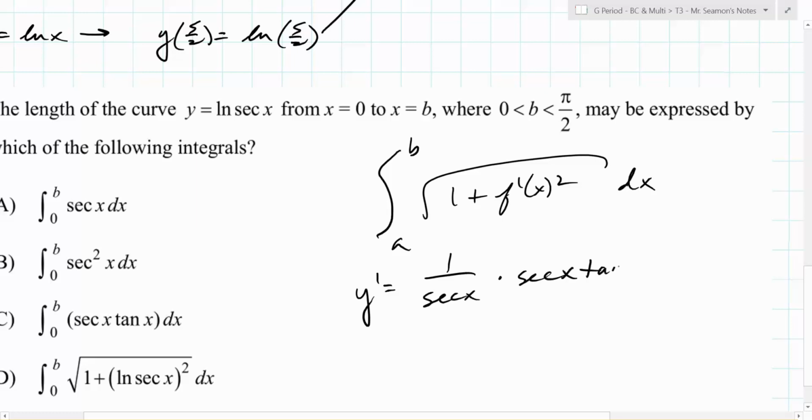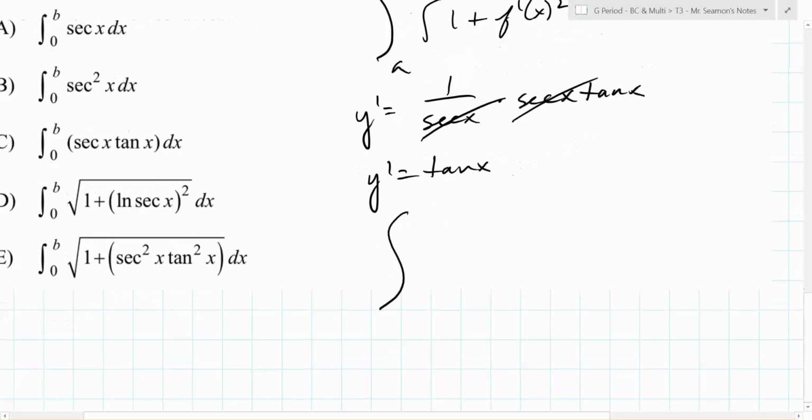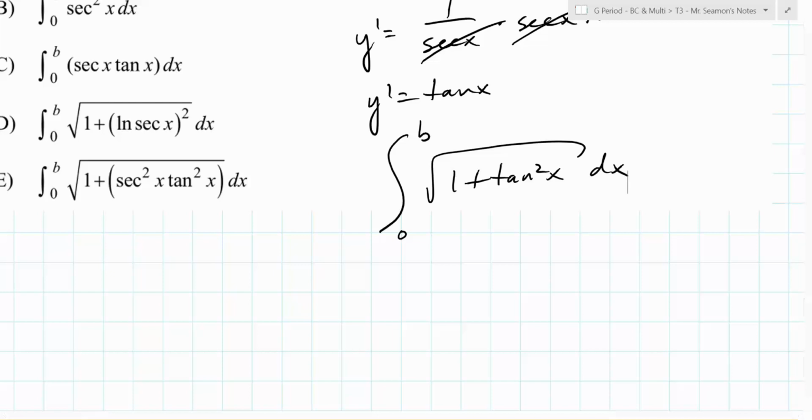Secant x tangent x. So that cancels, and you're left with y prime is equal to what? Tangent x. So you're plugging this in, and you're going from 0 to b, right? So it's 1 plus tangent squared x, which makes you feel nice because you remember that 1 plus tangent squared x is what?